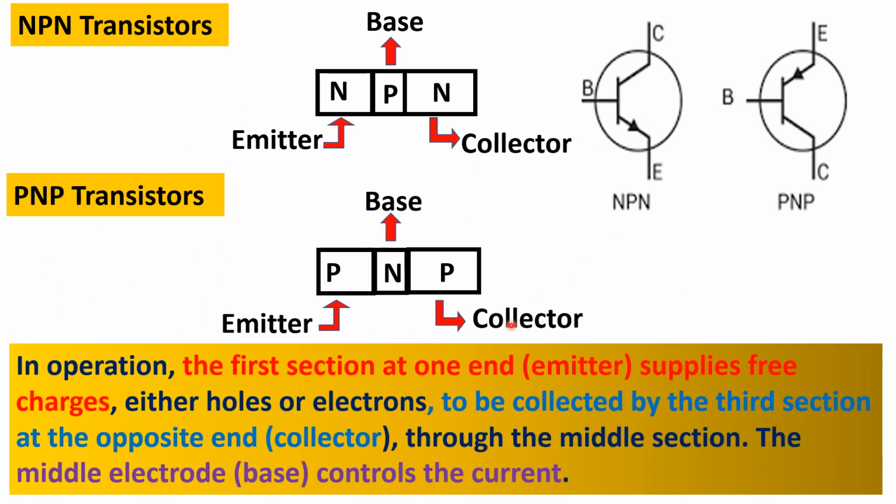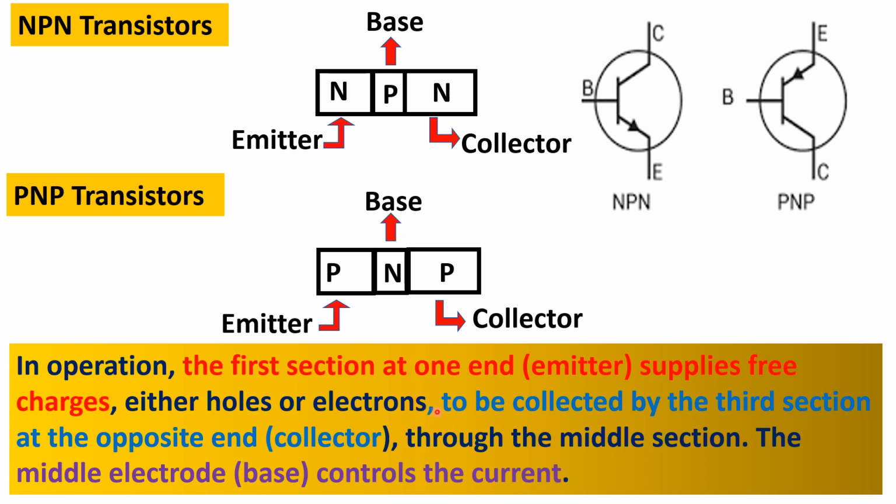So in operation, we say that the first section, which is the emitter, is the one that supplies the free charges, all right? For NPN, the charge carriers are the electrons, while for PNP, the charge carriers are the holes.